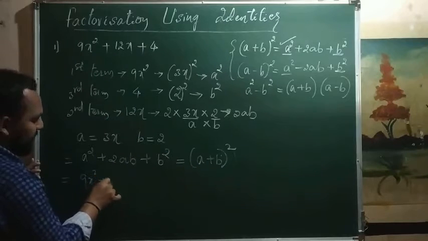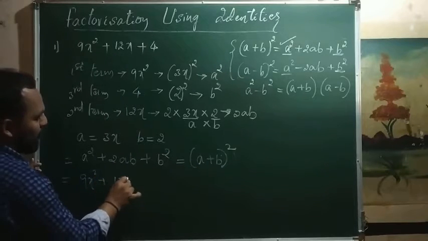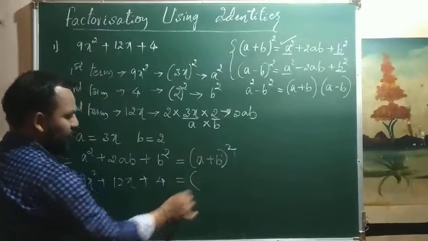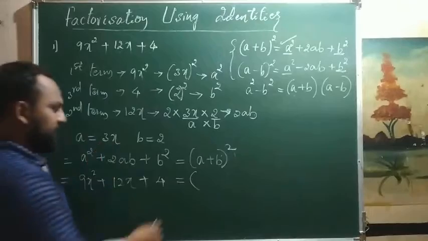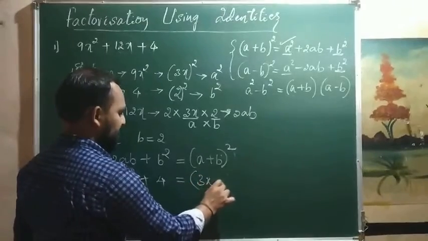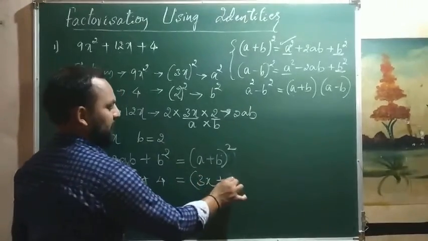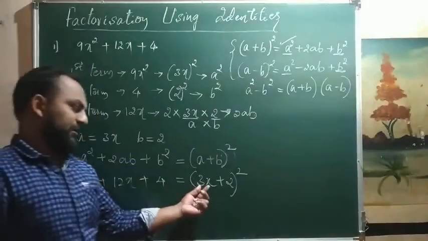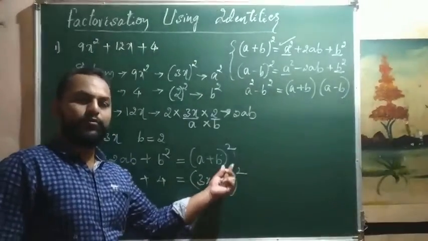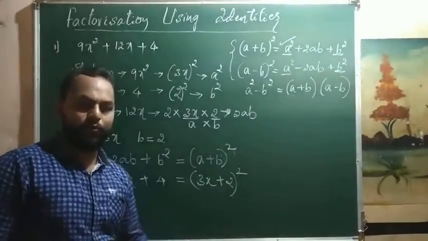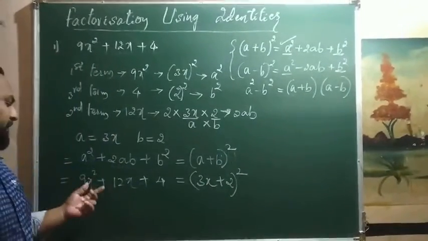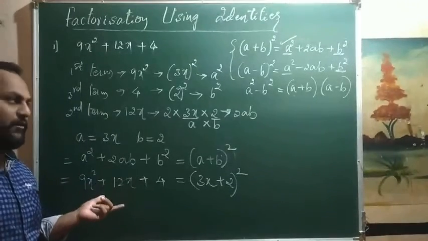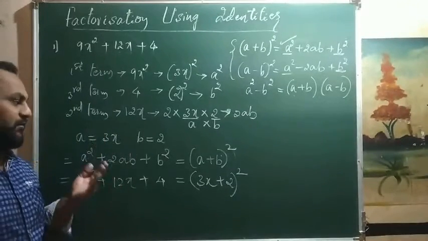So 9x square plus 12x plus 4 equals, what is a? A is 3x, plus what is b? B is 2. This is the answer, 3x plus 2 whole square. This is the factorization by using an identity. Which identity?